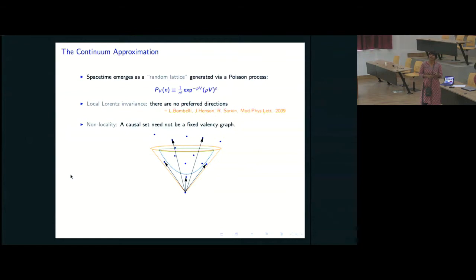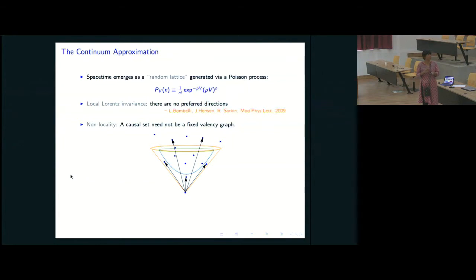But hand in glove with this, discreteness and local Lorentz invariance, you get this feature of non-locality. I've drawn here an element, this point here, which if you look at its nearest neighbors, okay? Nearest neighbors are such that there's nothing intervening between these two events.